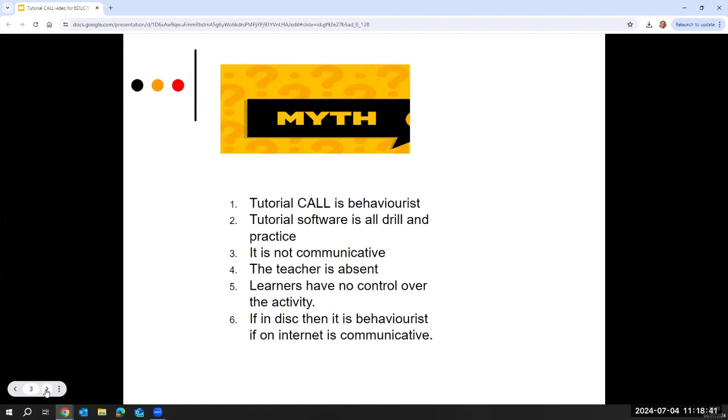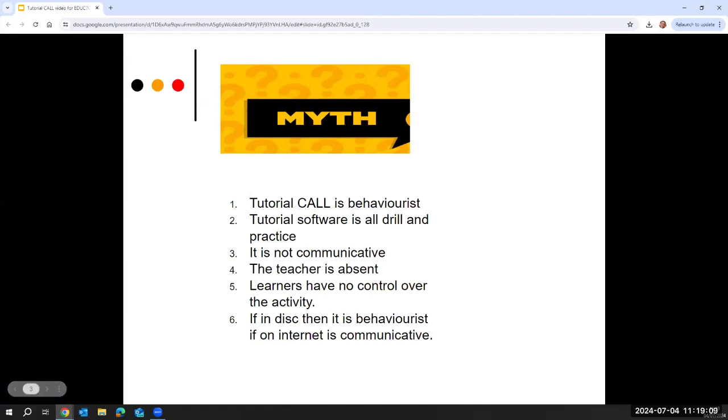So then the idea is that if these activities are in a disk or CD-ROM, then it's behaviorist. But if it's on the internet, it is communicative. But remember, these are just myths. We need to go back to the theories of second language acquisition, for instance, to see whether these myths are true or not.